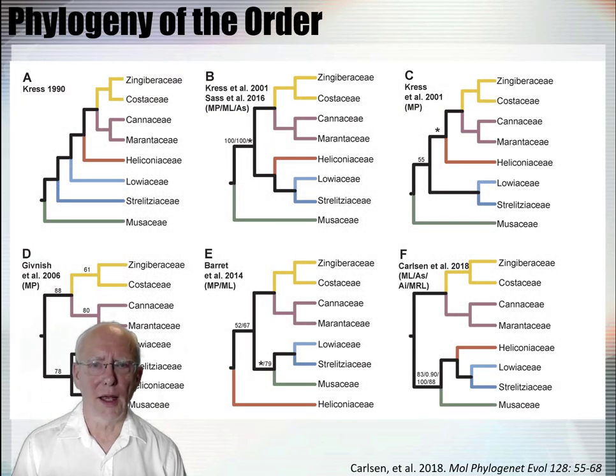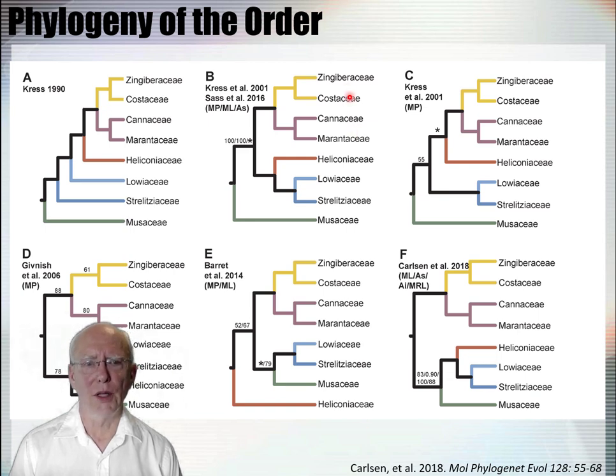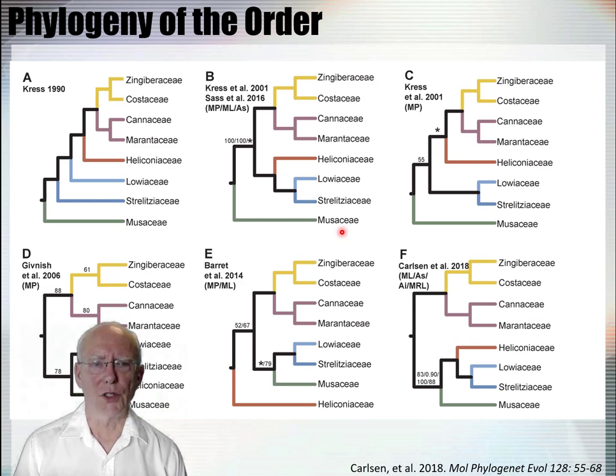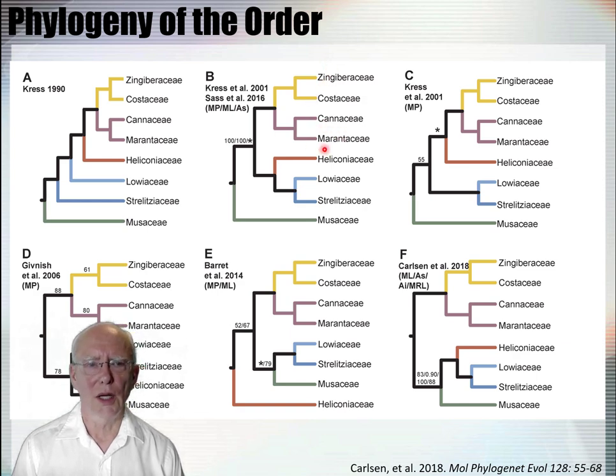Certainly, we're beyond the stage where we expect all families, in an order, to have the same kinds of character state, that is, to have little variability. We've seen many cases of reversal and parallelism. And I think what we've got here in the Zingiberaceae and the Marantaceae is a case of parallelism or reversal.